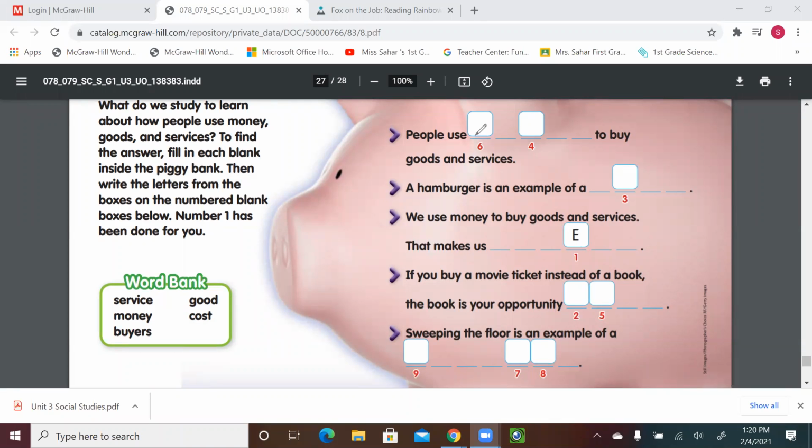We need to write the letter M, and then O, and then N, then E, and then Y. All right, so people use money to buy goods and service.